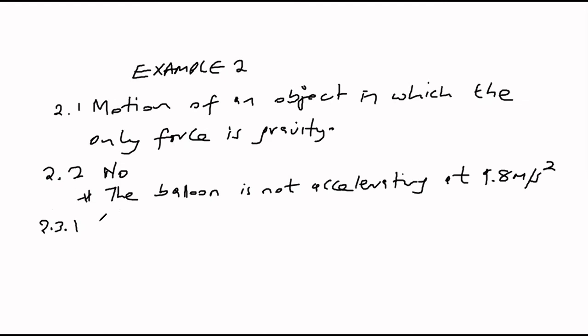So it takes the same initial speed as the balloon, which is 2 meters per second, and it is downwards. So the object is moving under free fall. So we have g, which is 9.8 meters per second squared. It is also downwards. So what else do we have?